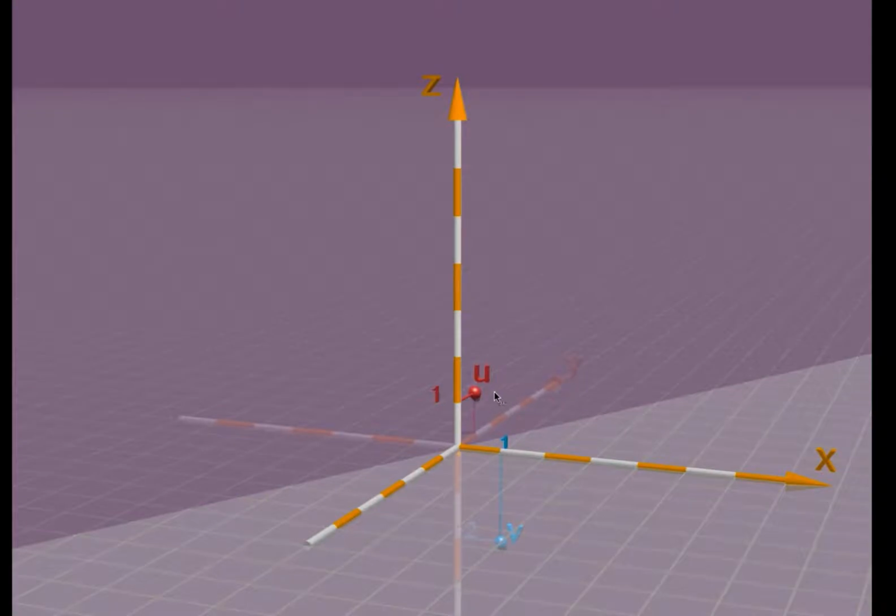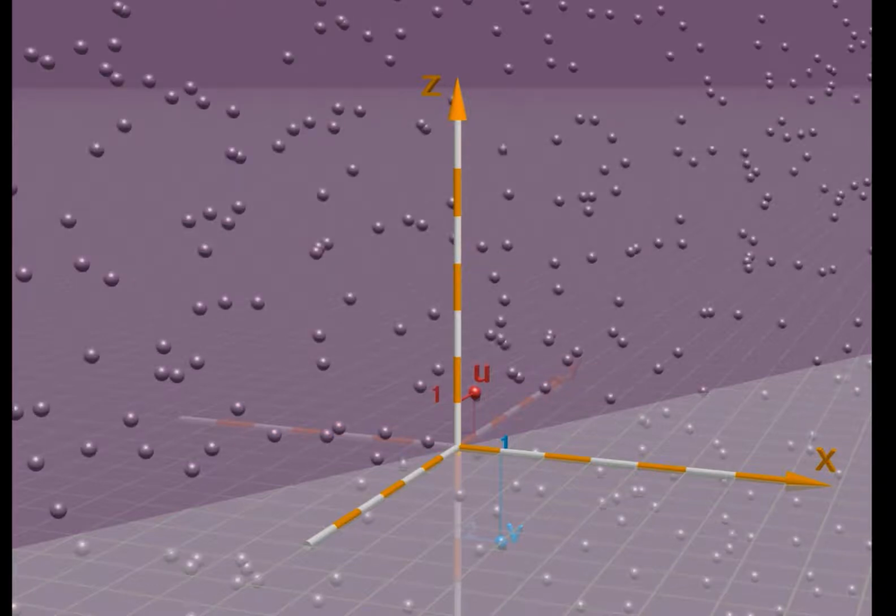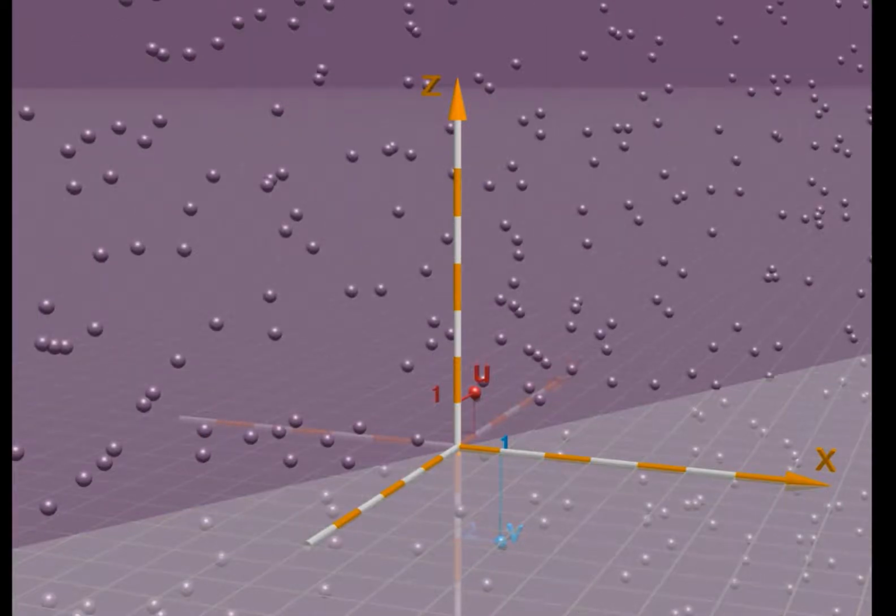And we check geometrically if u and v is indeed a basis for the subvector space A by taking a certain number of linear combinations of u and v and seeing if they all fit in the plane that we just drew.